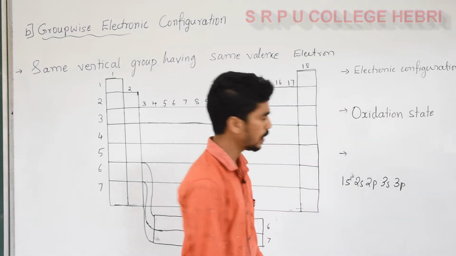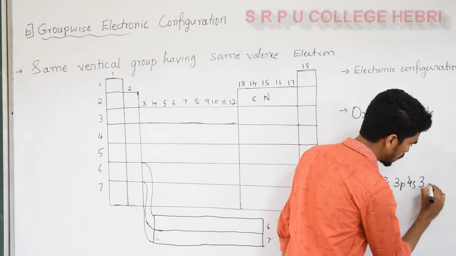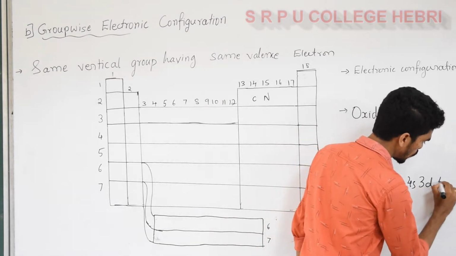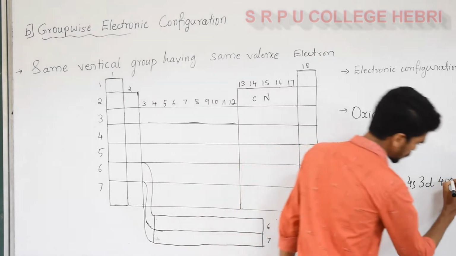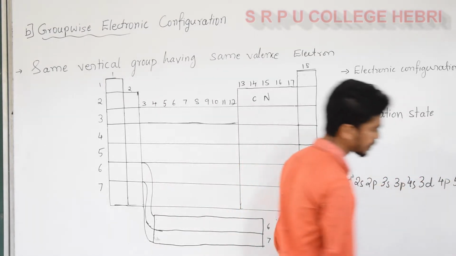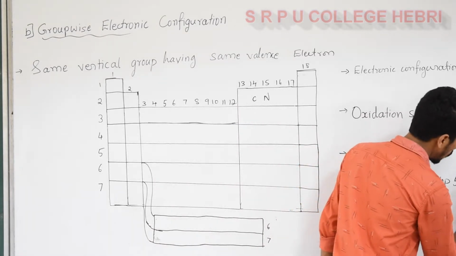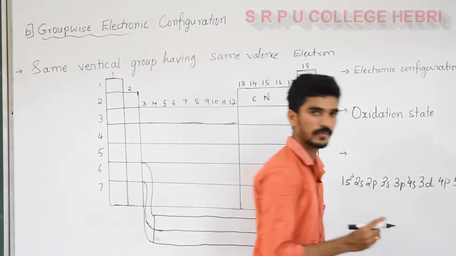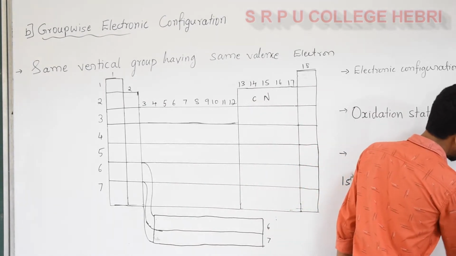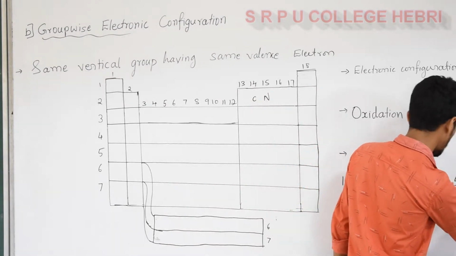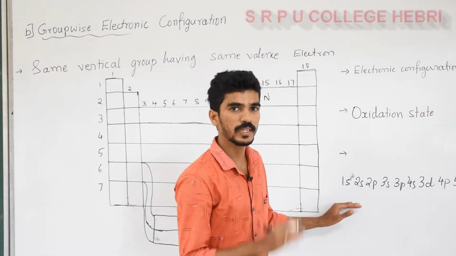After 3p, 4s will come, then 3d, 4p, then 5s, then 4f, then 5d. This is the order for writing the electronic configuration.